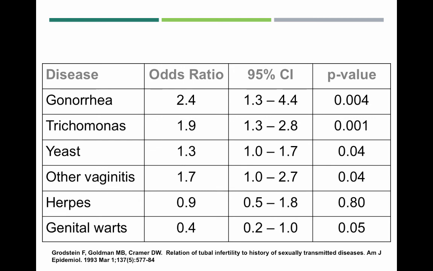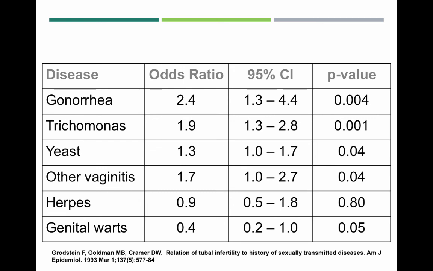So let's go back to the case control study of STDs and infertility. And so here are the p-values that accompany the odds ratios and the confidence intervals. You can see that the p-value, the confidence interval, and the odds ratio are all in the same direction. For gonorrhea, we have an odds ratio above 1, meaning that there is a relationship between the exposure and the outcome. The confidence interval does not include 1, so we can say that this is statistically significant.